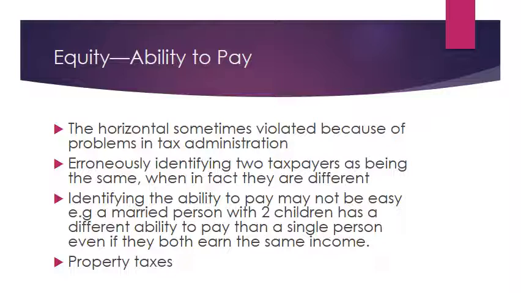So while the criterion of equal income identifies them as having the same ability to pay, in fact the person who supports his family and children may have less ability to pay because of the other family obligations.